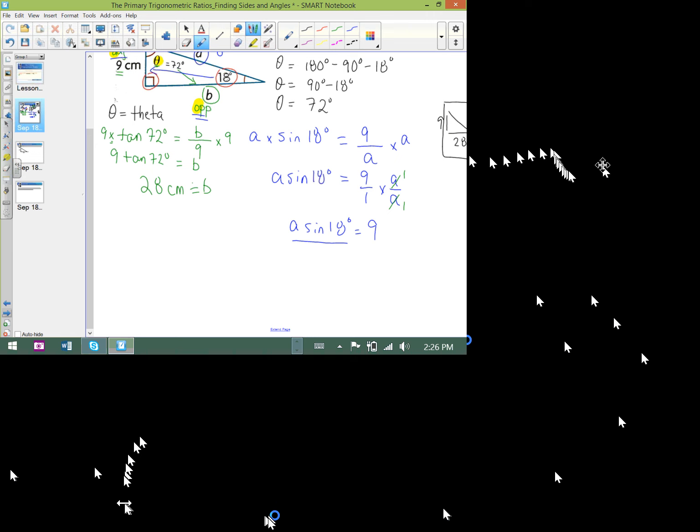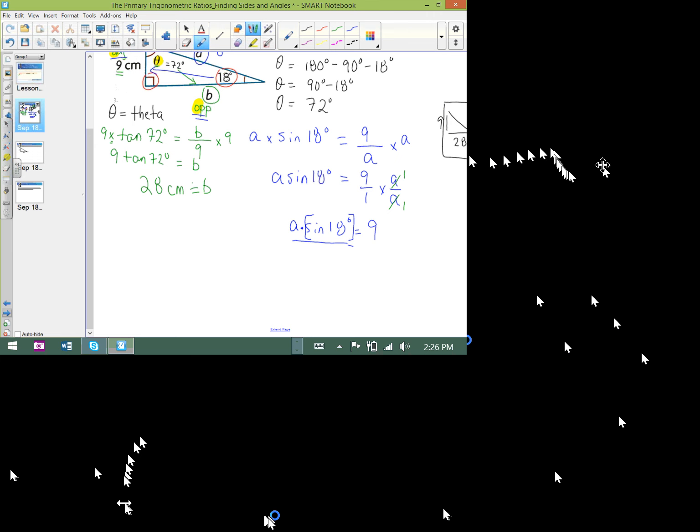Okay, so because this here is being multiplied, A times sine 18, and sine 18 is a number. I'm just going to bracket it, you don't have to, but I'm just trying to bring emphasis to that. Sine 18 is a number, right? It's a ratio of sides. So when you key that into the calculator, you get a decimal value.